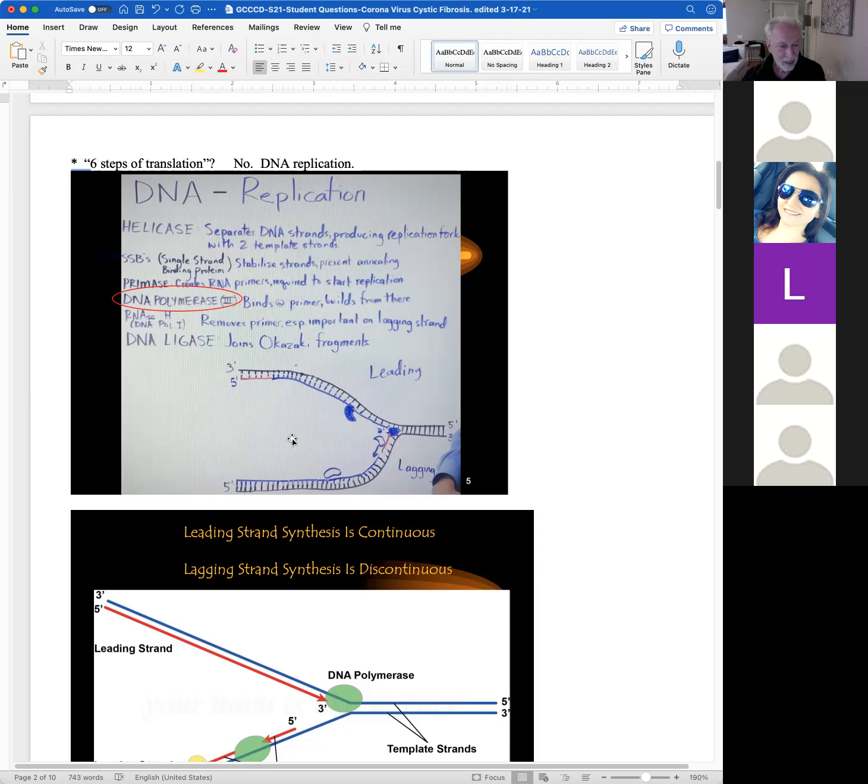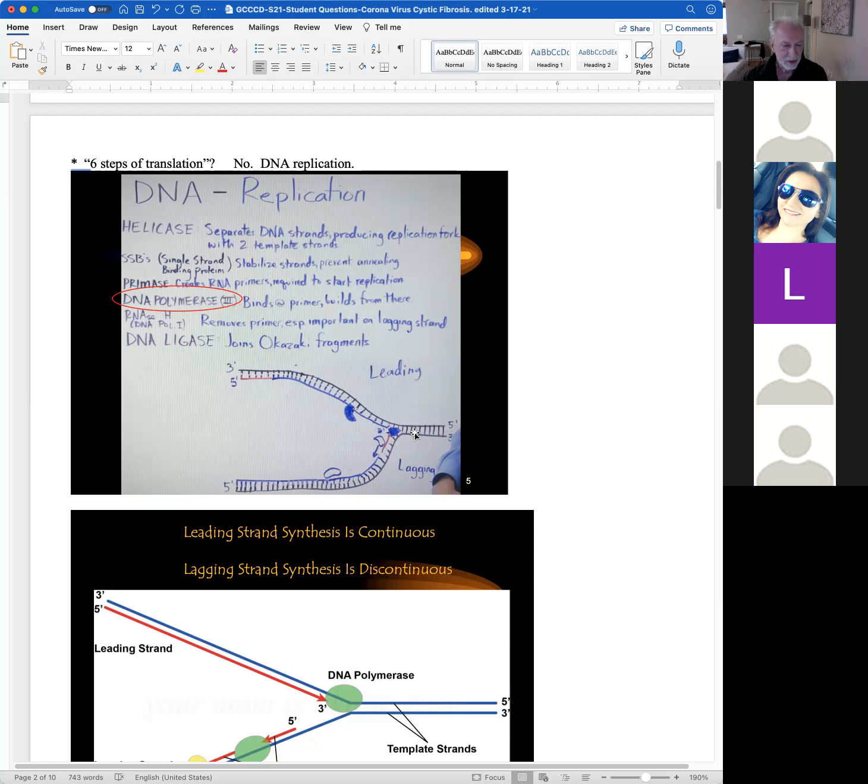Now, the lagging strand does have a problem. And why is that? It's because as the helicase keeps unwinding the two strands, moving from left to right, remember, DNA polymerase can only copy from 3' to 5'. And so in order to do that on the lagging strand, it has to go backward. And so that process is discontinuous.